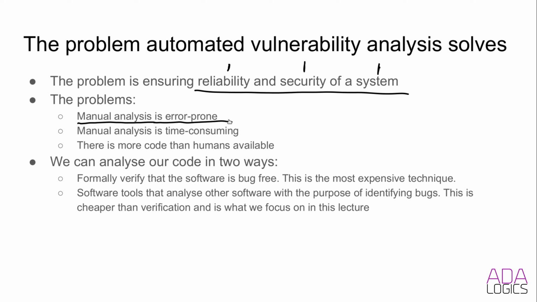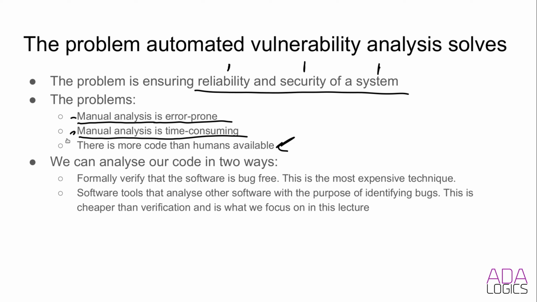It can be more detailed than automated techniques, but it is also error-prone and time-consuming, and essentially we don't have enough humans available to go through all of this code by hand. Therefore, automated security analysis tries to automate what was previously done by manual analysis.